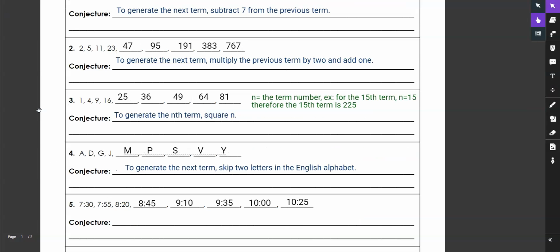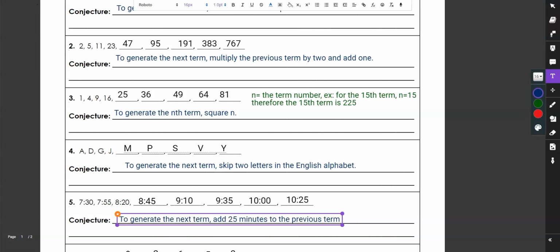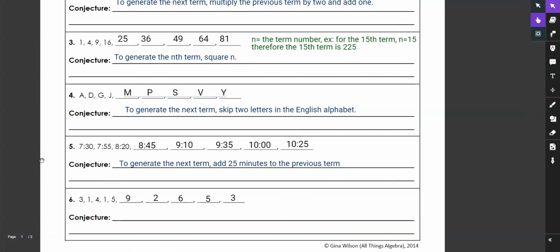Number 5, 7:30, 7:55, 8:20, 8:45, 9:10, 9:35, 10 o'clock, and 10:25. What's the pattern? In order to generate the next term in this sequence, you will add 25 minutes to the previous term.